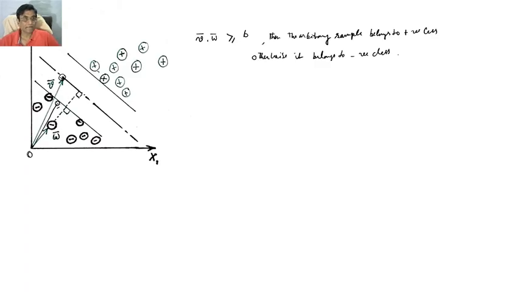I will take a projection, and if it is less than the arbitrary constant I have defined, then it is in the negative class. The B, which you can call the threshold or bias, is determined in such a way that intuitively this decision rule can be formulated, and this is very intuitive, right?